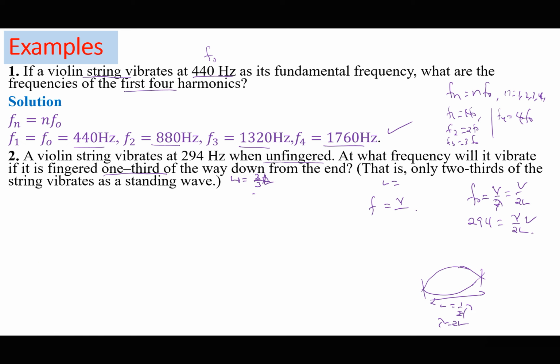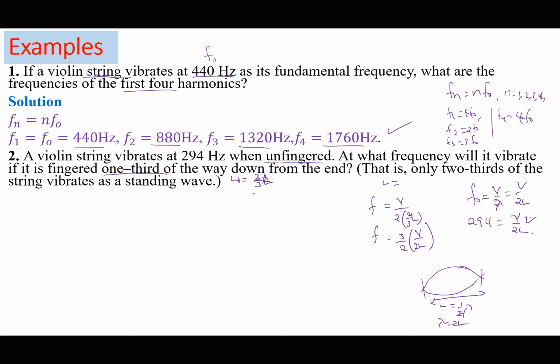So the new frequency is going to be V over the wavelength, or V over 2 into the new length, which is 2 over 3 times L. So it means F is going to be equal to 3 over 2 into V over 2L.